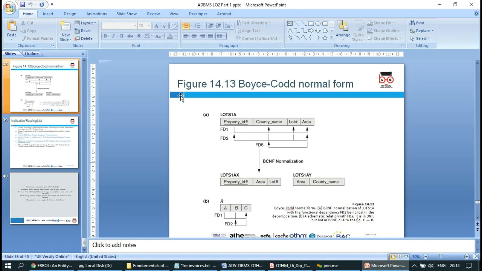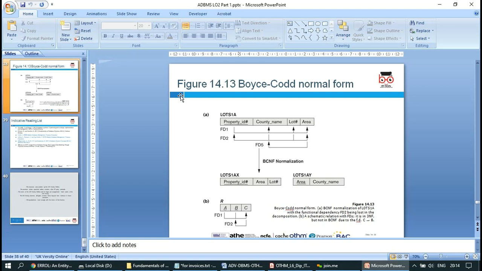So when it goes to the Boyce-Codd normalization, what you need to do is classify the area and the county name separately.